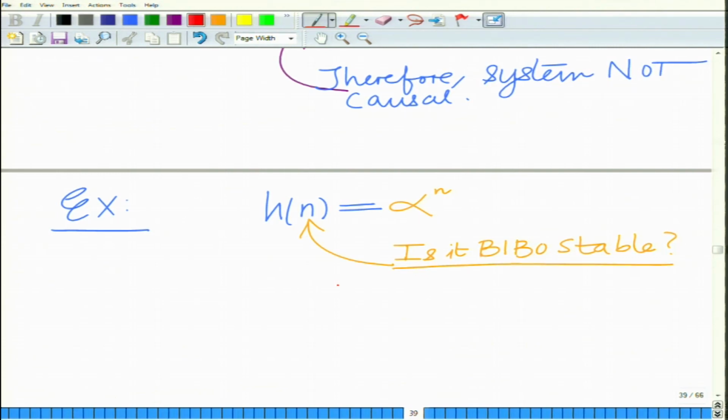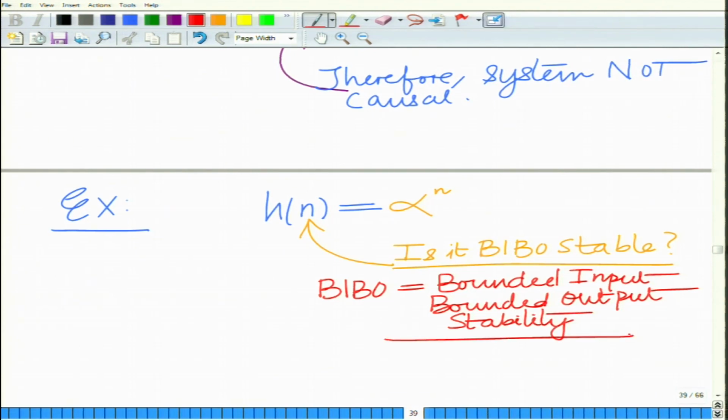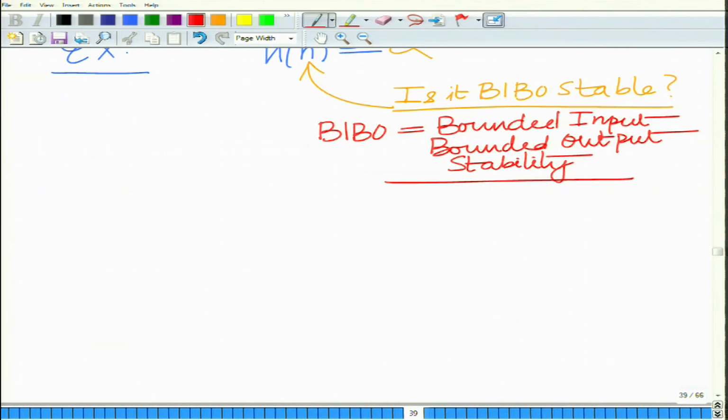Remember, BIBO implies bounded input bounded output stability. So, we want to ask, is this system BIBO stable, and the solution is as follows.